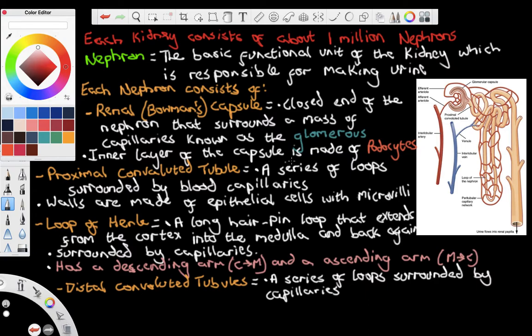And then finally, down here, we've got the collecting ducts.